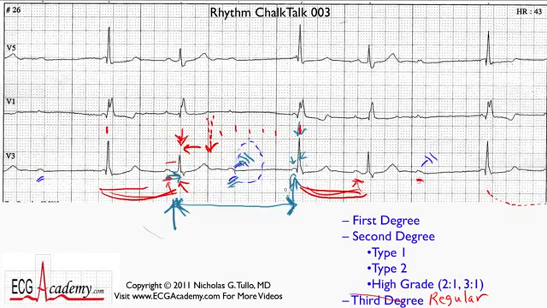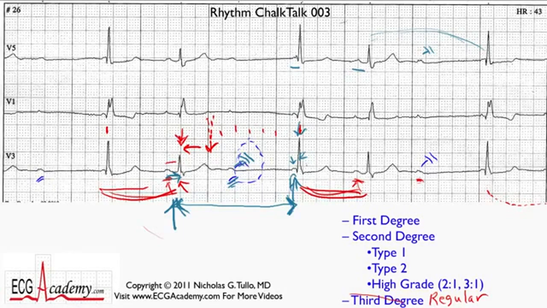Some people would look at this and say, oh, well, this must be type 1, second-degree AV block, because the PR is short, and then it gets longer, and then it blocks. And someone told me that if the block is less than 2 times the previous R to R, so let me measure this.